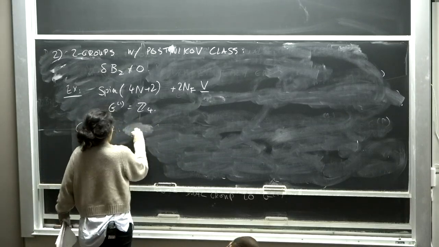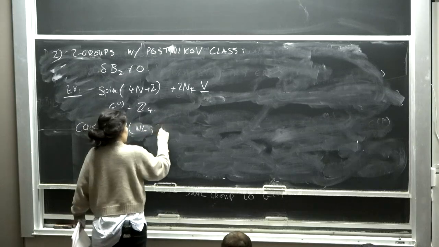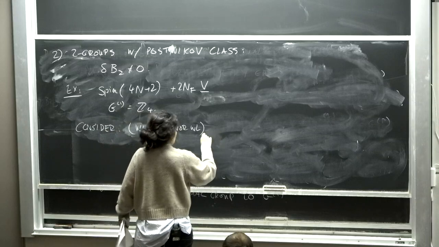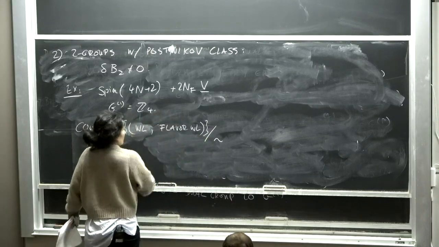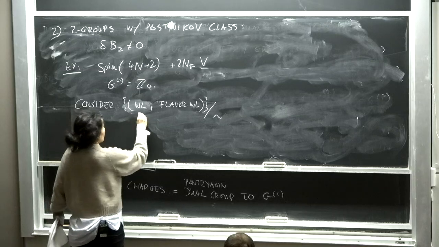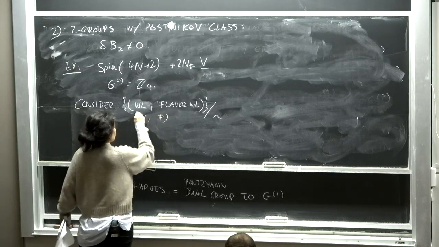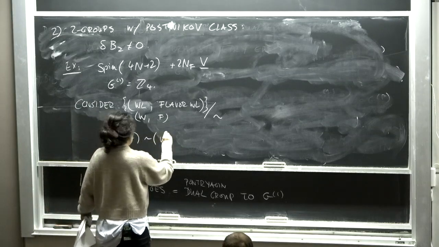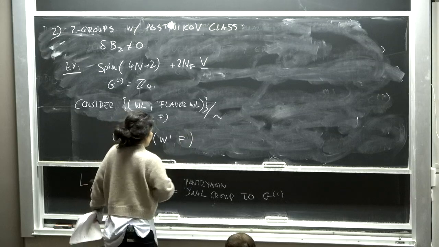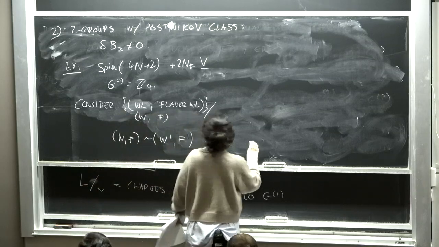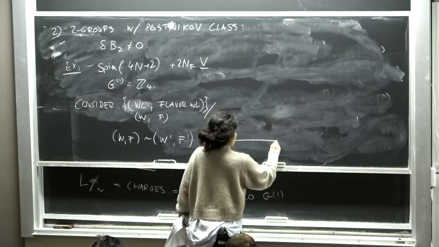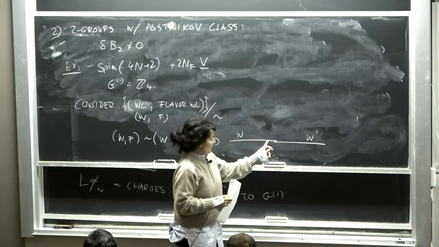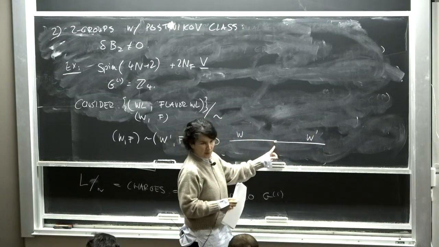So actual gauge Wilson lines, comma, flavor Wilson lines, and some equivalence relation on the set, so let's call them W and F. So W and F is equivalent to W prime F prime if there is now sort of, this is W prime, and if I now just keep track of this local operator, that'll tell me the one-form symmetry.